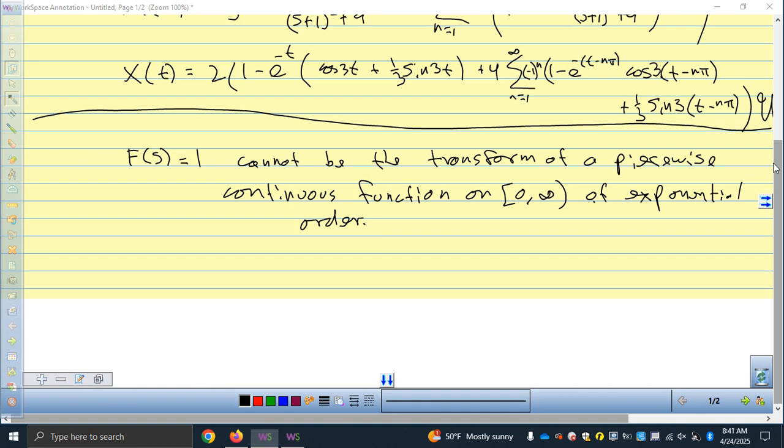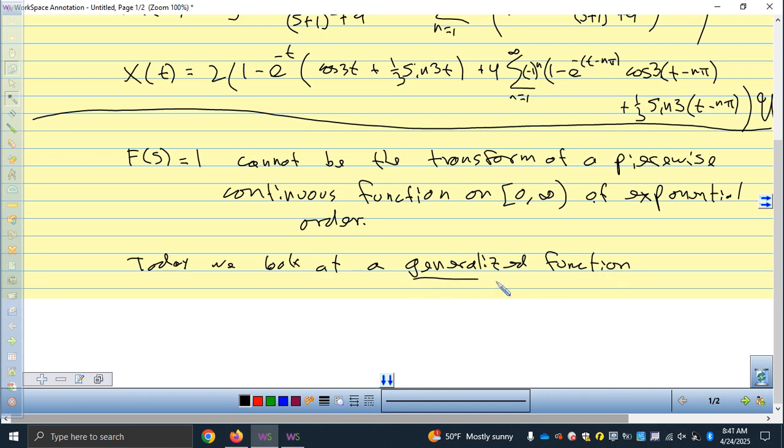But we said it's possible that did not mean that this was not the Laplace transform of some function. So today we're going to see what that function is. Today, we look at what we call a generalized function with a Laplace transform of 1.